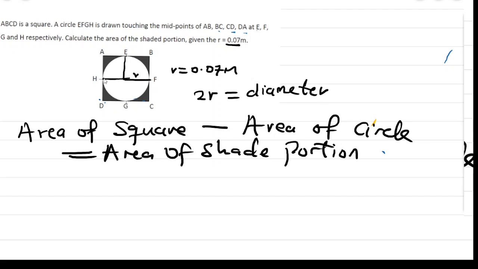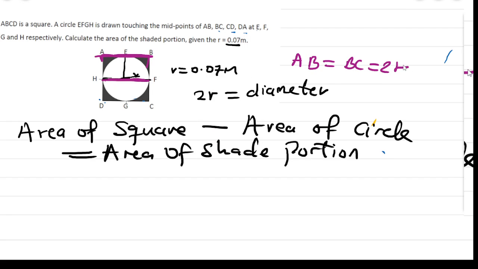But this diameter of the circle is also the same as the length of a side of the square. For example, this length here is equal to the diameter. They are both equal. Since all the sides of the square are equal, the side AB, which equals the side BC, they will all be equal to 2 times the radius, 2r.